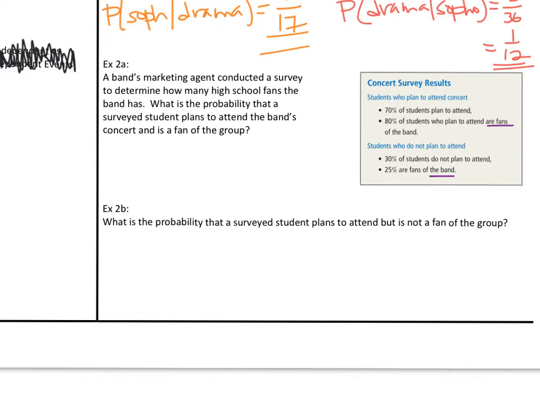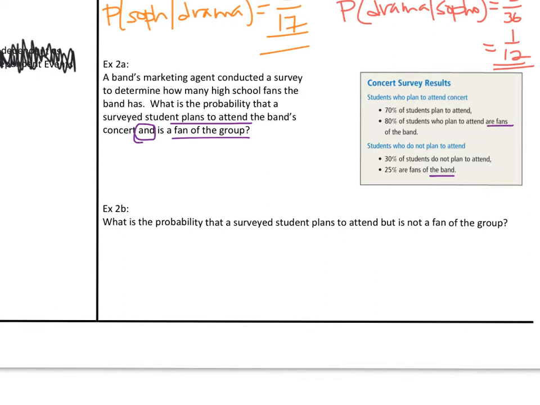What's the probability that a surveyed student plans to attend and is a fan of the group represents something specific in this scenario. Since we're given percentages and not total numbers of students or fans to work with, we'll utilize those percentages kind of like the percent chance of rain in yesterday's lesson.